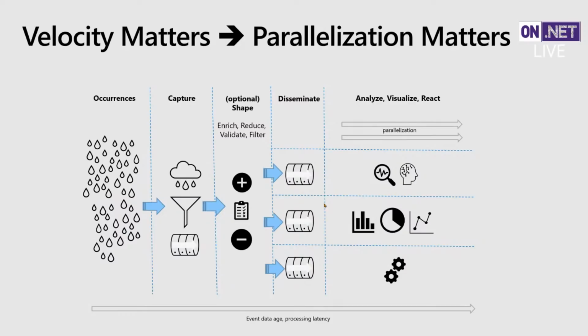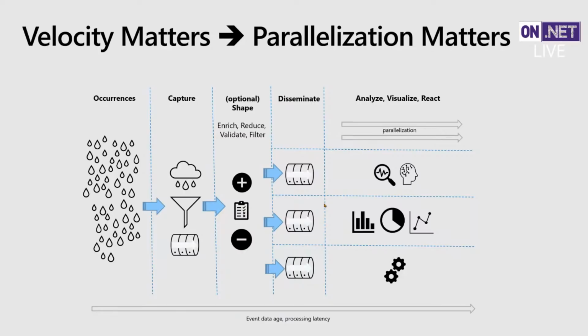Those occurrences, the events, happen, you want to capture them, put them in order, put them on disk, and make them available for consumption. There might be an optional layer in the middle where you do some transformations, adjustments or filtering on them. You might do that with Stream Analytics or with Azure Functions, for instance. But again, that's optional.